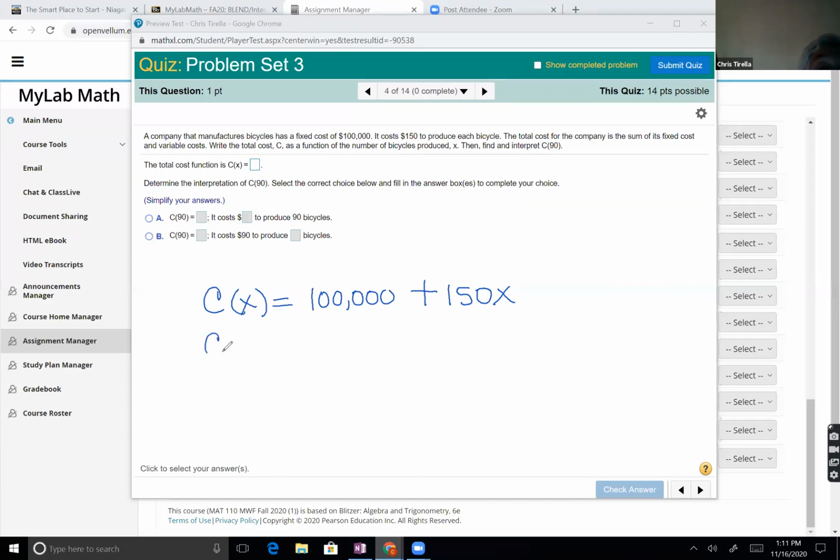So then to find C of 90, function notation, we're replacing x with 90. And so when we work that out, what are you folks getting?